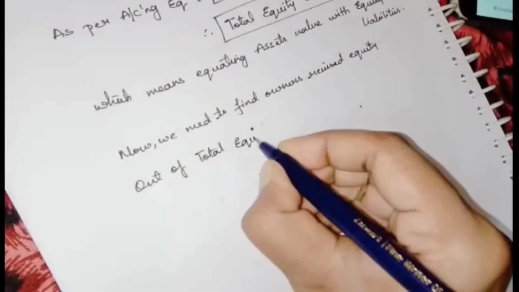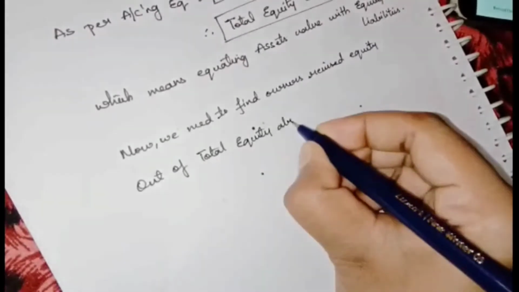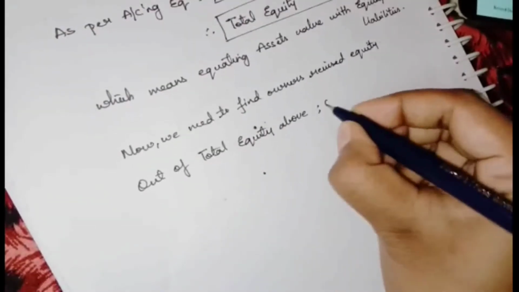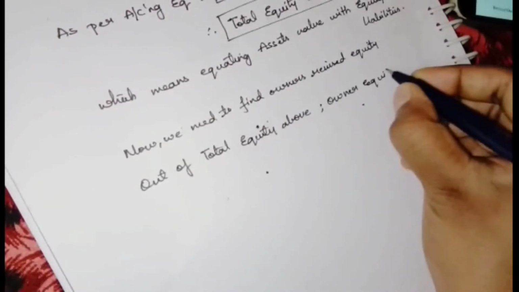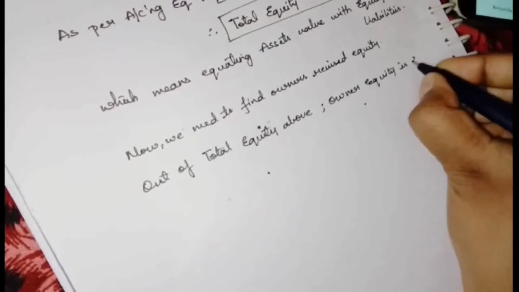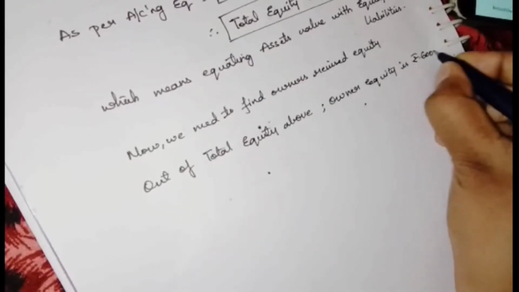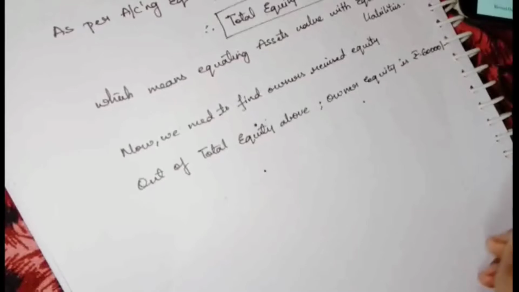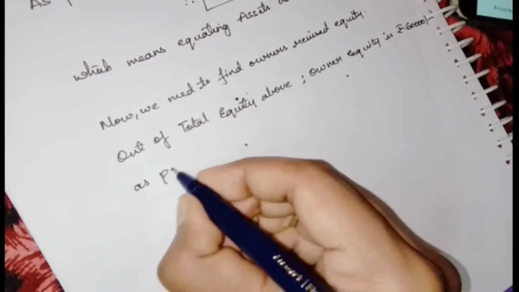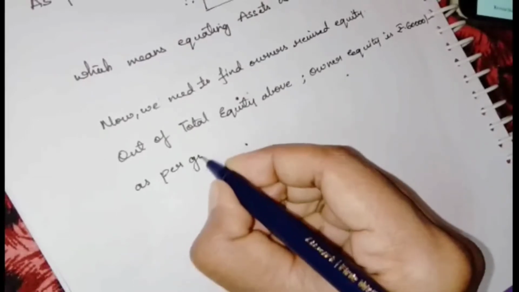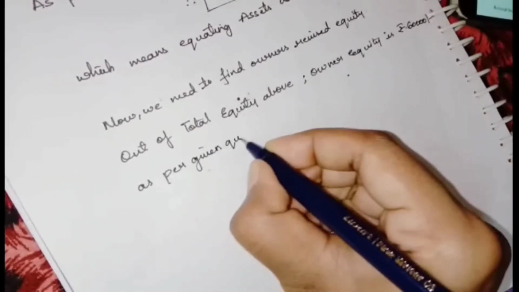Out of the total equity above, the owner's equity we can say is 60,000. It is given in the question itself. Owner's equity is nothing but the capital amount, so that amounts to rupees 60,000, as given in the question.